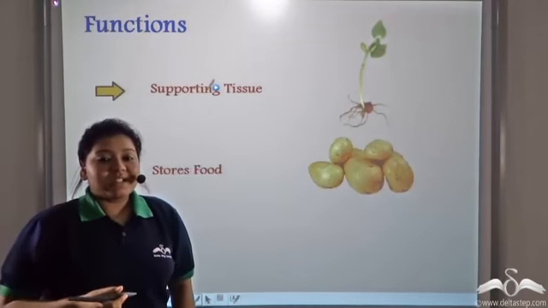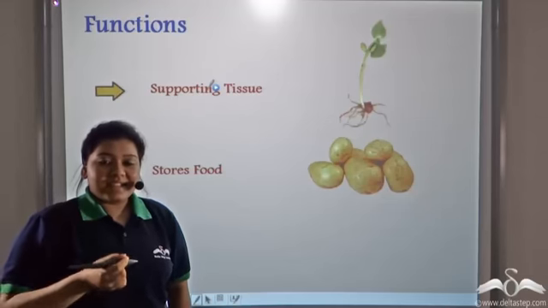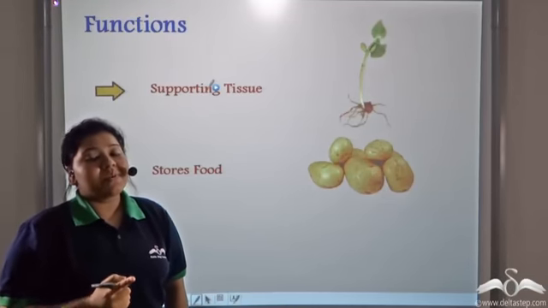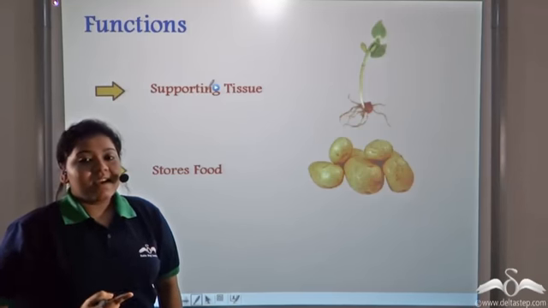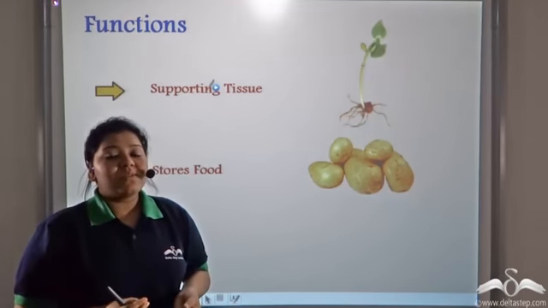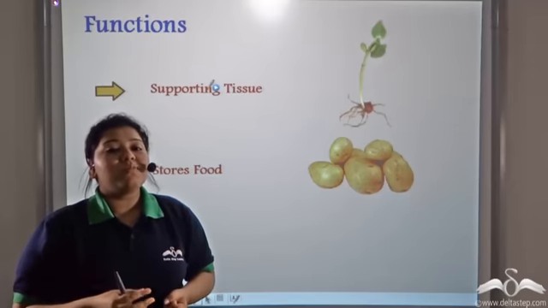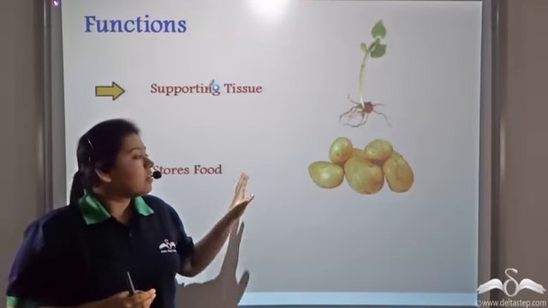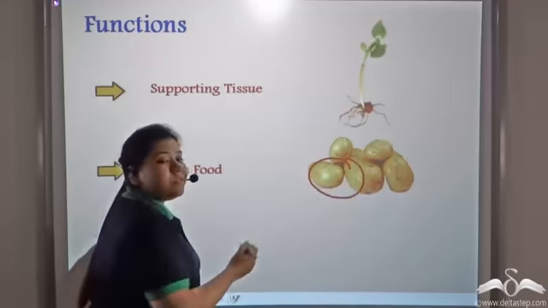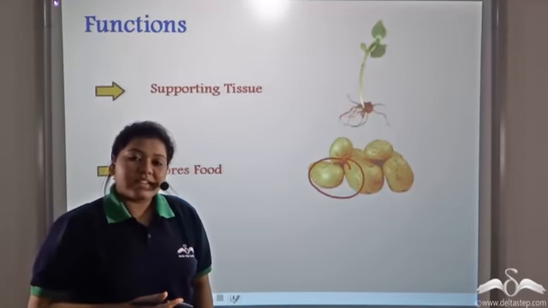The parenchyma tissue contains cells that have a single large vacuole that occupies maximum space, and this vacuole stores all the food molecules. Now see, potatoes, something that we all love, is also a plant part.